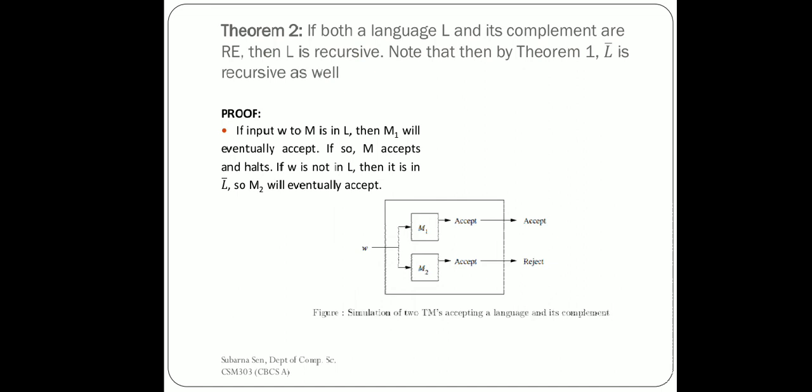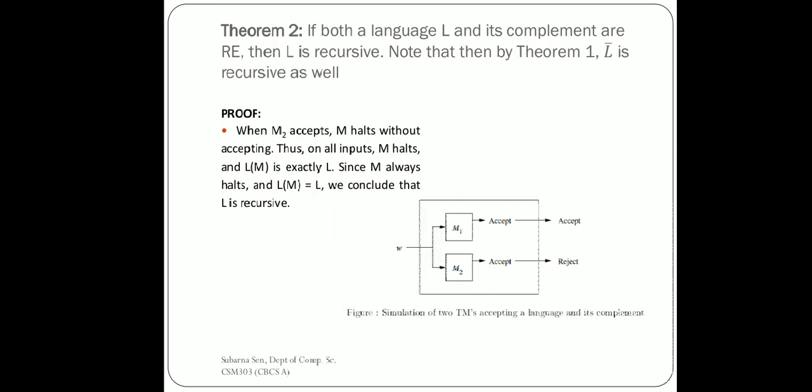Whenever M2 accepts, M halts without accepting. So whatever the situation, whether W belongs to L or not, it will halt. In one case it accepts the string and halts, in the other case it rejects the string and halts, but ultimately it will halt.